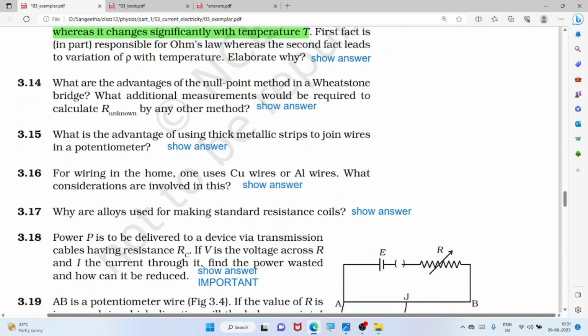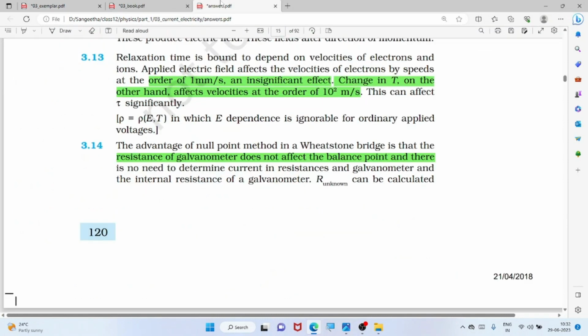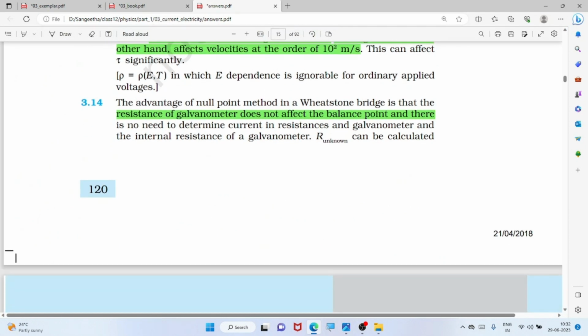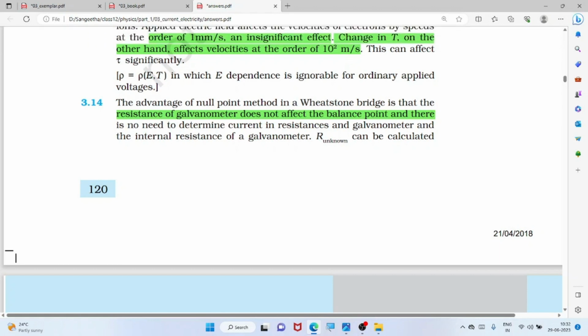What are the advantages of the null point method in the Wheatstone bridge? Otherwise, additional measurements would be required to calculate the unknown by any other method. The advantage of the null point method is that the resistance of the galvanometer does not affect the balance point.